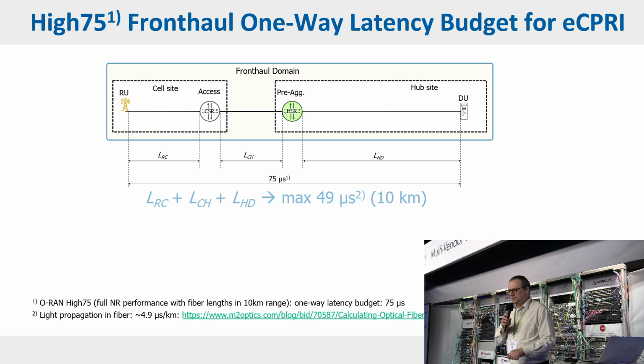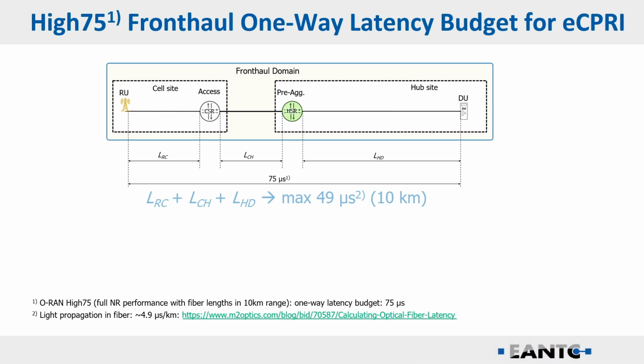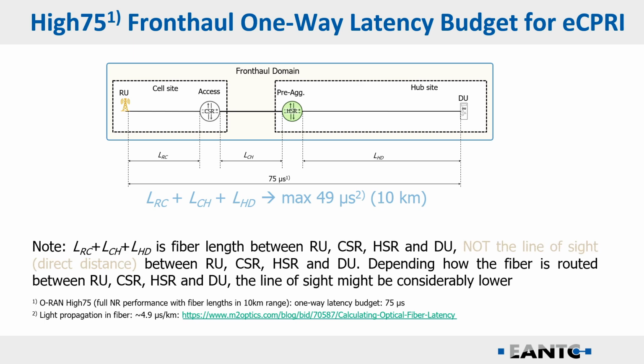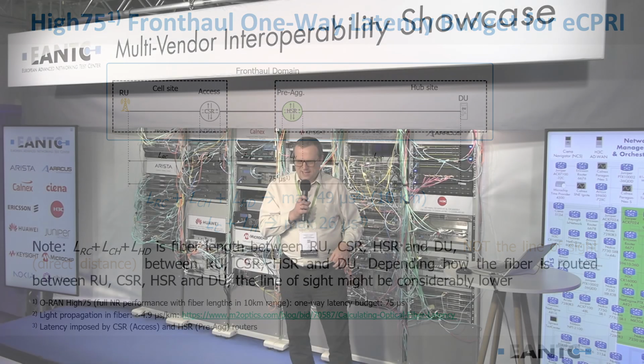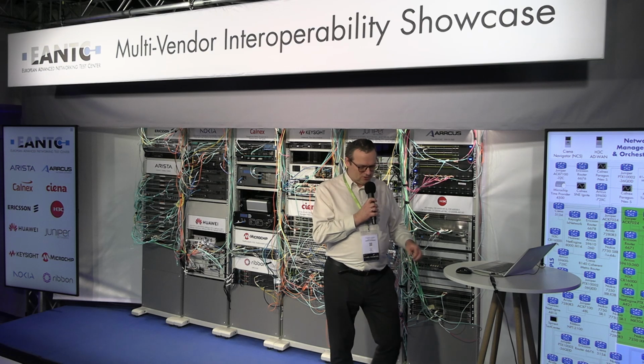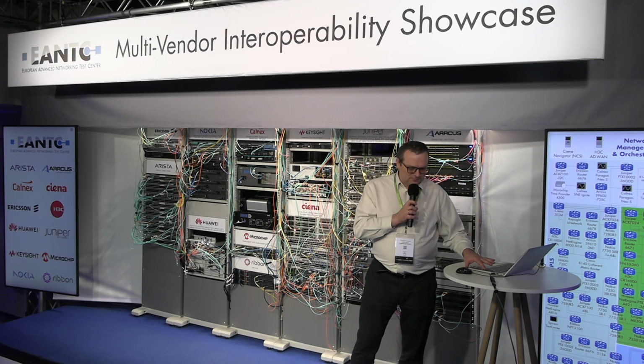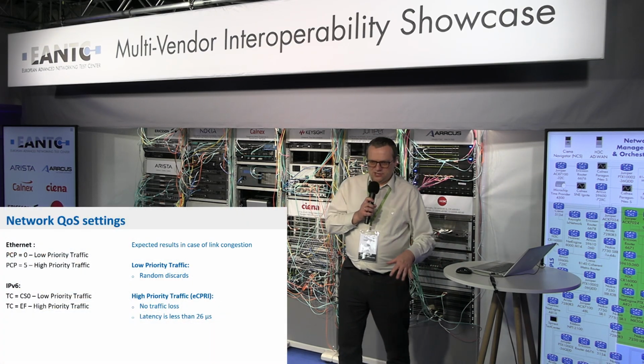So 10 kilometers is 49 microseconds. So out of 75 microseconds, we use 49 microseconds for the fiber itself. Which means for these two routers we have a maximum of 26 microseconds. So if we measure a maximum of 26 microseconds, it means that these two routers can be placed in the H75 O-RAN fronthaul.